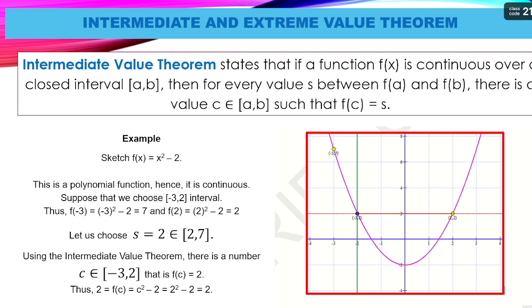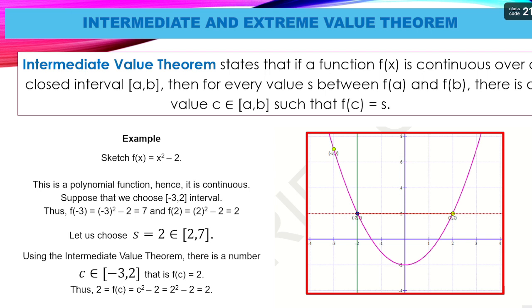If we're going to look for an example, say let's have the function x squared minus 2. If we're going to plot it, this is what it looks like. And we know that this is a polynomial function, so therefore it is continuous because, as we learned previously, those functions that are polynomials in nature are continuous for all x.